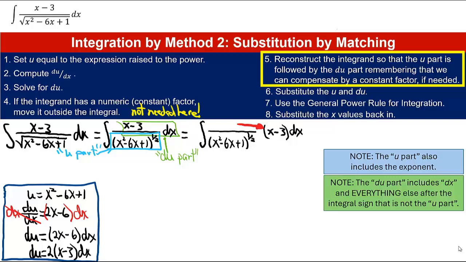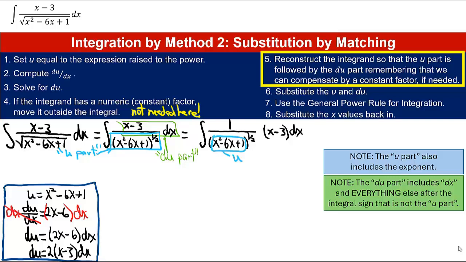But you cannot leave a numerator without anything in it, so I have to insert a 1 there. And you can see that doesn't change anything, because where you put the x minus 3 back up there, x minus 3 times 1 is just x minus 3, and you're back where you started. So I've manipulated this around so that it looks like step 5 said it should look. The u part is first, followed by the du part on the end. That's what number 5 says we should do.